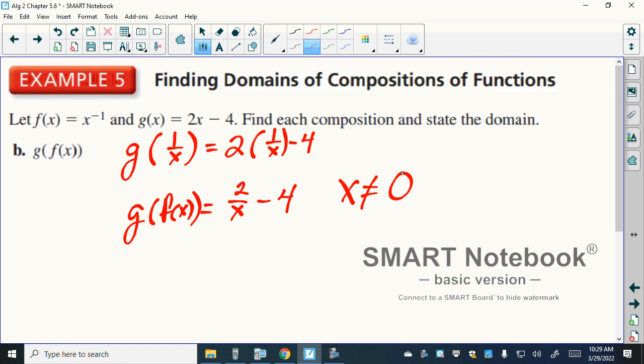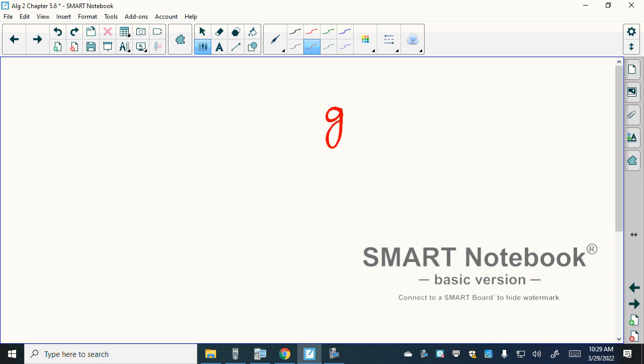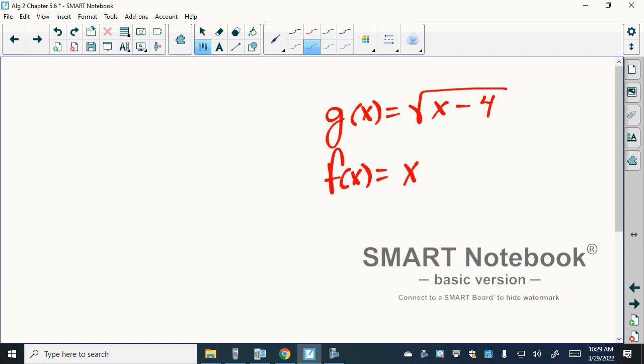or some of the restrictions that we did have simplify out or removed. Because if we look at, say, the function g, you don't have to write this down, is equal to the square root of x minus 4. And f of x is x squared plus 4. If I plug it in, we'll have the square root of x squared plus 4 minus 4.